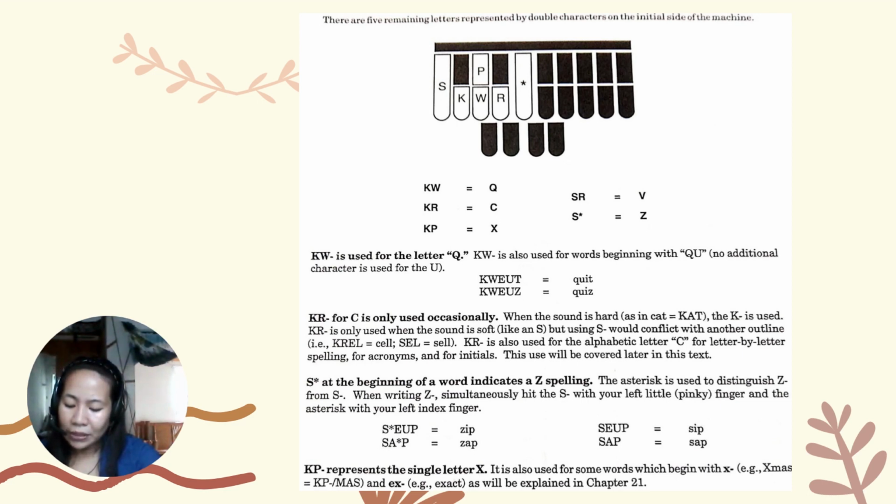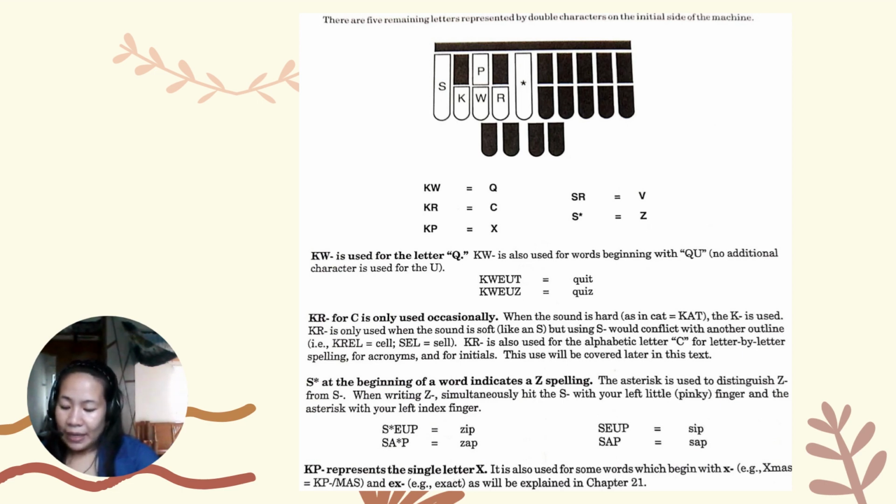All right. We have also the S at the beginning of a word that indicates a Z spelling. The asterisk is used to distinguish Z from initial S. So when writing Z, simultaneously hit the initial S with your left little pinky finger and the asterisk with your left index finger. So we add the asterisk after pressing the initial S to show that we are referring to letter Z. Like for example, for the word zip, we press S asterisk and then EU for the I and then letter P. So that's zip.